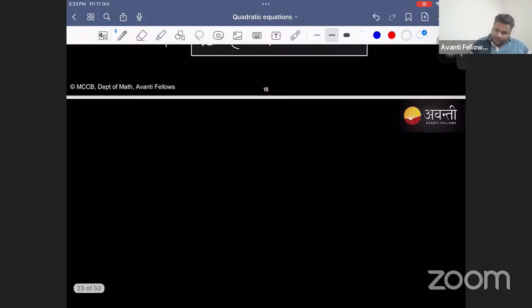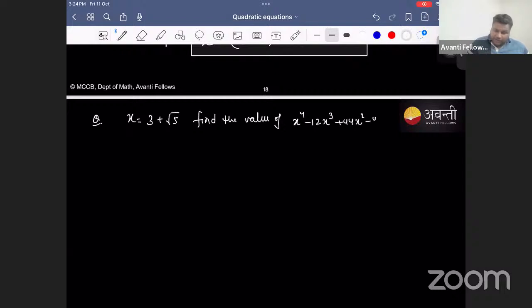Okay, now let's try another question, a bit of a different type. They are saying x equals to 3 minus root 5. Find the value of x to the power 4 minus 12x cube plus 44x square minus 48x plus 17.